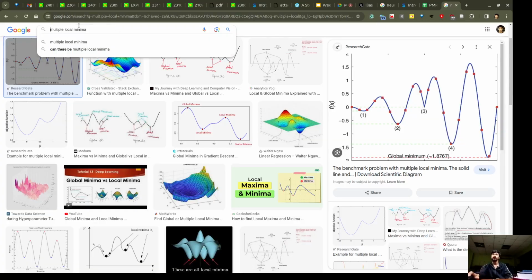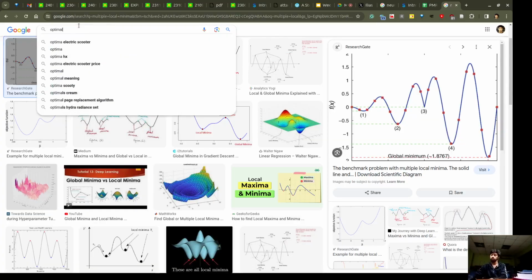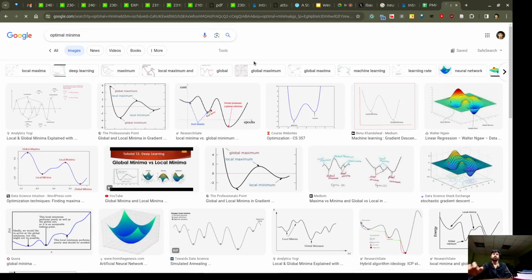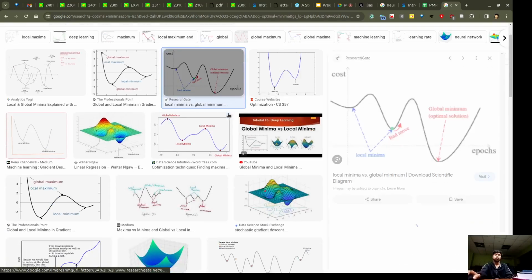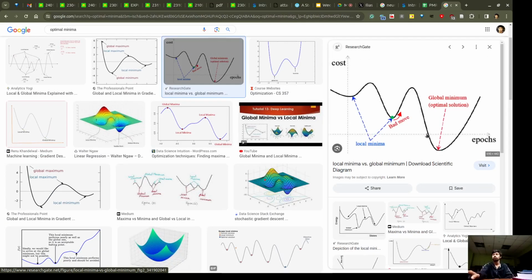Yeah, you can search the diagram also. Like if you are trying to minimize the loss function, at this point it will be the global minimum, and here it will be the optimal loss. So global minima is the optimal minima.